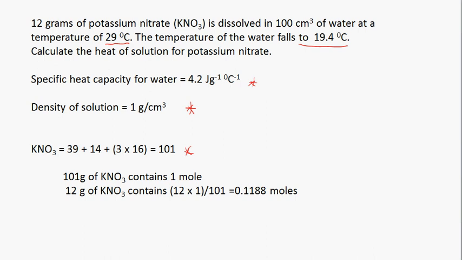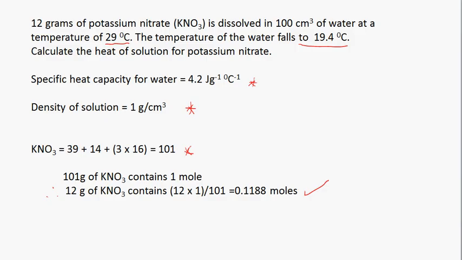Therefore, we say 12 grams of potassium nitrate will contain 12 multiplied by 1 divided by 101, and we end up with 0.1188 moles. Alright, now remember I said don't try to learn off any formula, just look at how these statements are written.